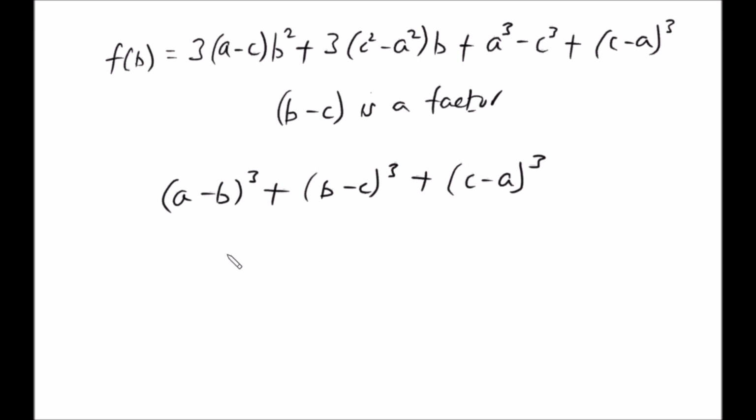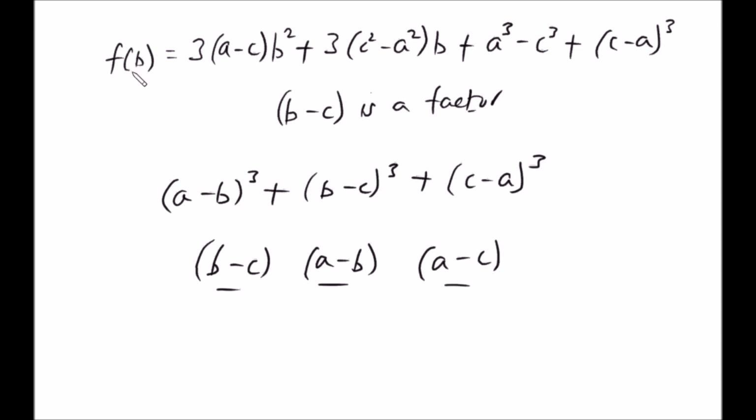So tumeona kwa hiyo b minus c kumbe is a factor ya hii expression, lakini kabla hatukuiandika in terms of f of b. Kumbuka tuliandika in terms of f of a, na tulivyoiandika in terms of f of a tukajua kwamba a minus b is a factor ya hii expression, lakini pia a minus c is a factor ya hii expression.